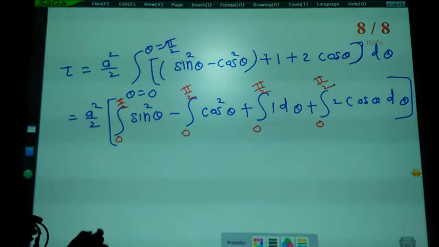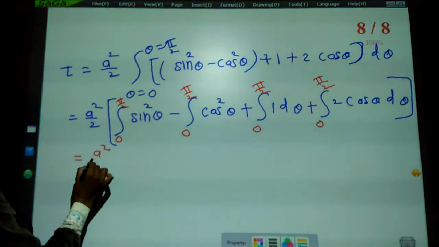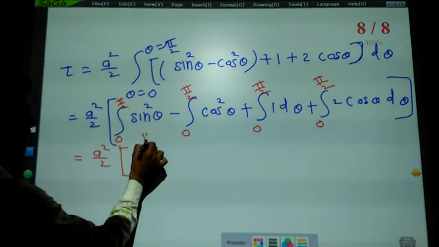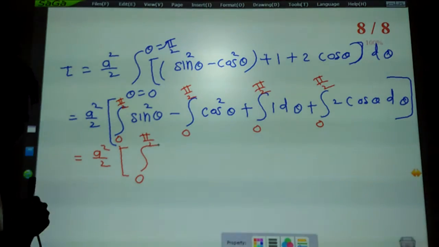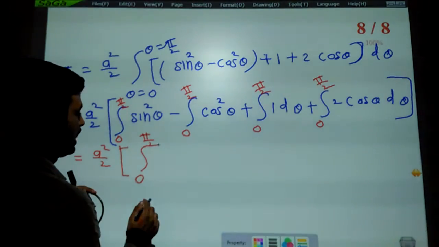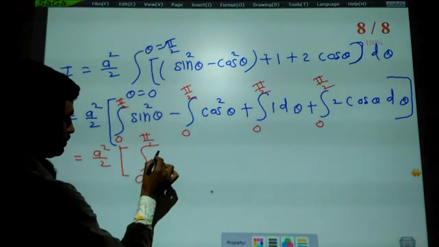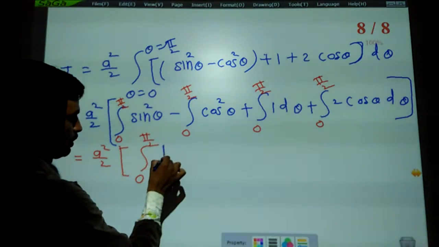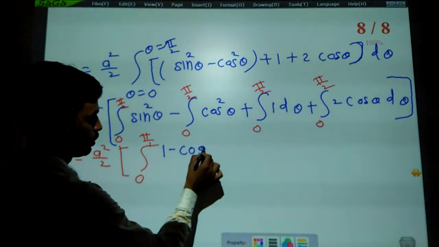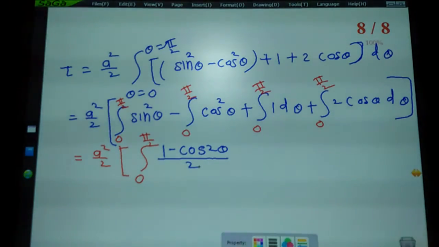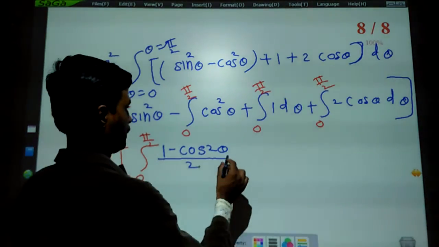Okay, so for sin square, use the formula. What is the formula of sin square theta? Tell me. Fast, say something. Use 1 minus cos 2 theta by 2, which is useful for integration.